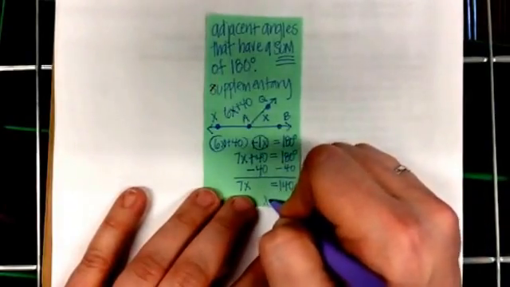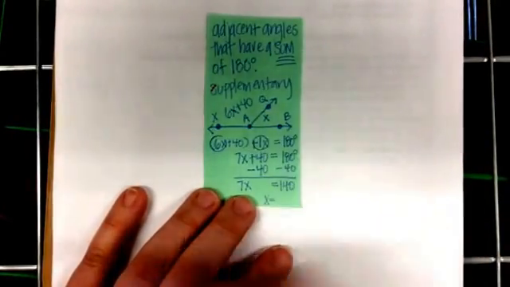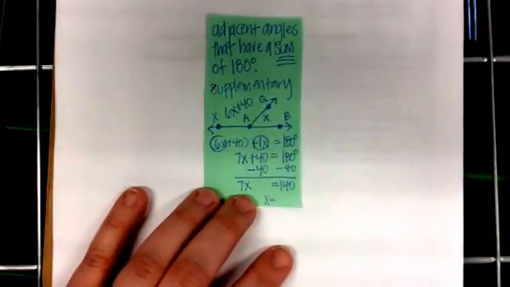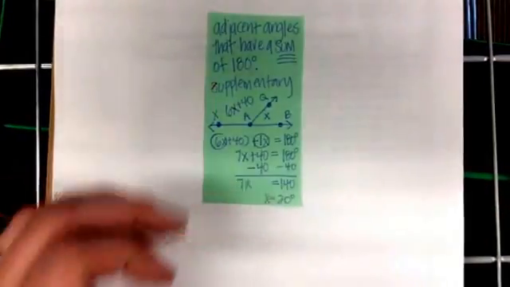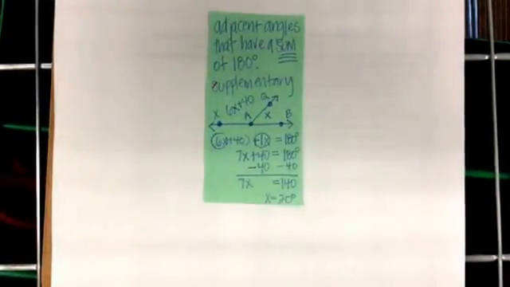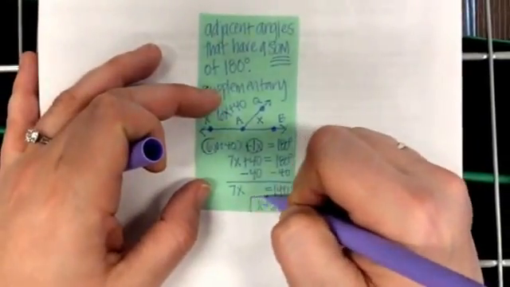What does x equal? 20 degrees. How'd you get 20 degrees? You divide 140 divided by 7. We're not done yet, though.